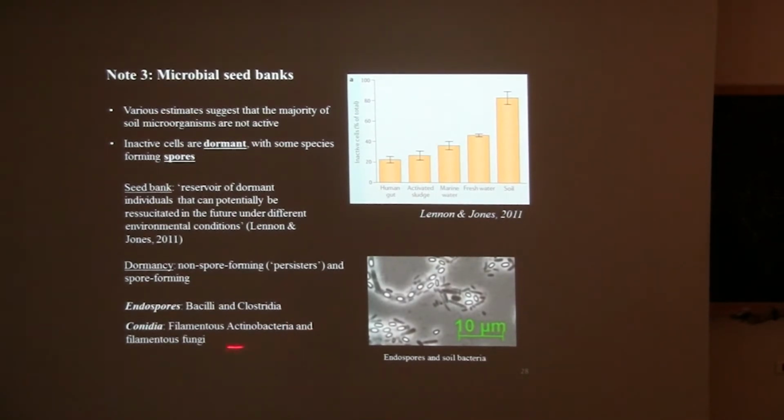Other actinobacteria and filamentous fungi do other types of spores. Those spores can persist for years. I mean, they found samples where spores were maybe thousands of years old, and they could still resuscitate them. So this is this gigantic seed bank that exists in soil, and that can be mobilized if the conditions change.